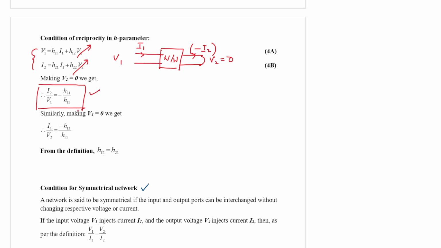This follows immediately. By applying a similar approach to the same network, if you now excite it from the secondary side by a voltage V2, and make a short circuit at the primary side to make V1 equal to 0, the current becomes reversed, minus I1. From equation 4a, if V1 is equal to 0, you can directly get the relationship between I1 and V2 by this.